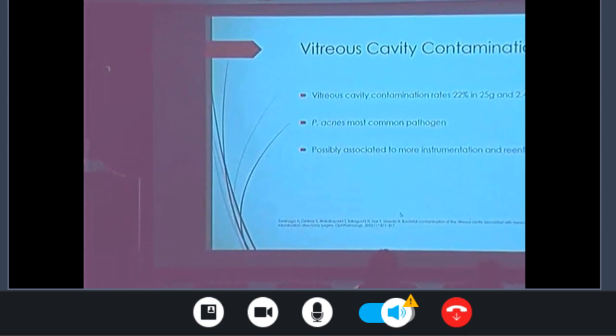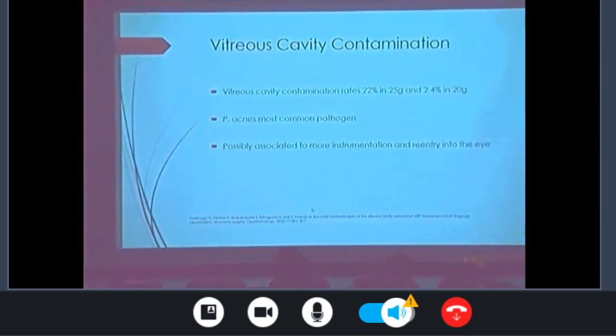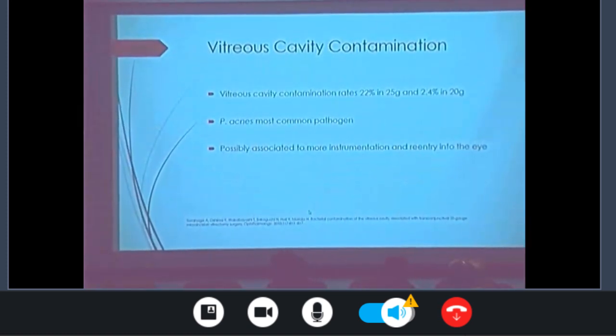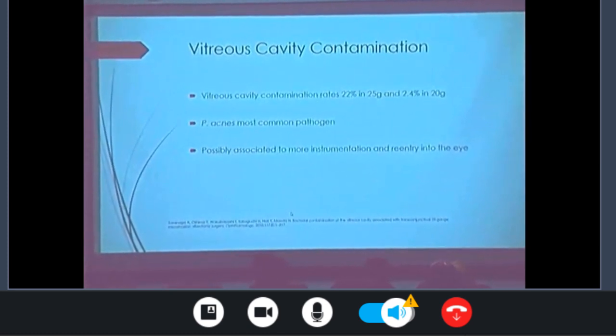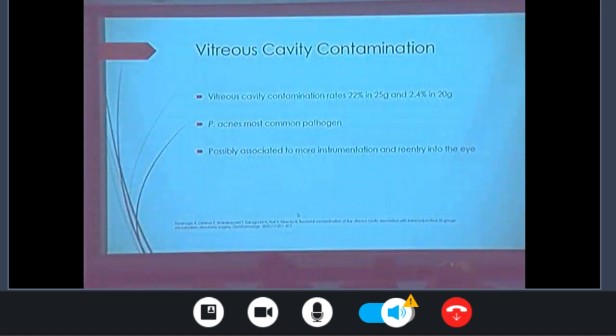So the patients that had transconjunctival sclerotomies, as opposed to a peritomy with a 20 gauge incision, where the sclerotomy was placed through the conjunctiva, 22% of the times their vitreous culture was positive before starting the case. I'm sorry, 22% of the times in the 25 gauge and only 2% of the times in 20 gauge.